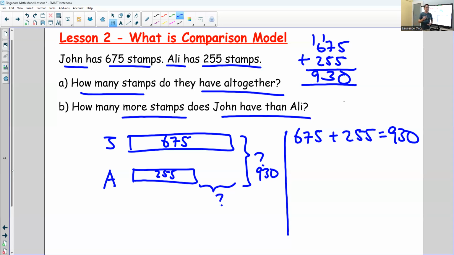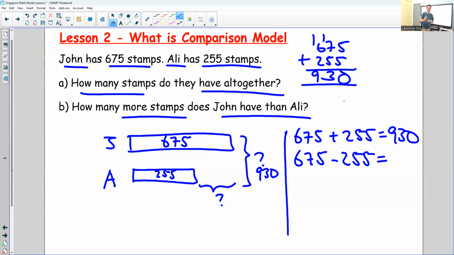Now can we do part B? How many more stamps does John have than Ali? So when you see how many more, you have to compare the two rectangles. John's rectangle is longer by how many? So you have to take 675 and compare with Ali's rectangle to find how many more. That's called a comparison model.